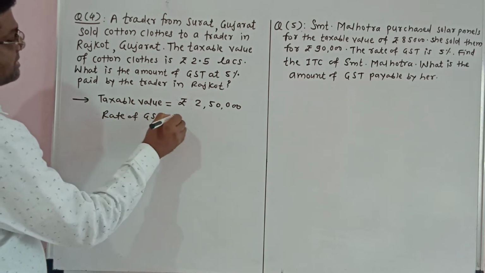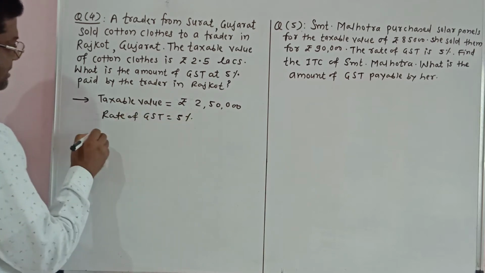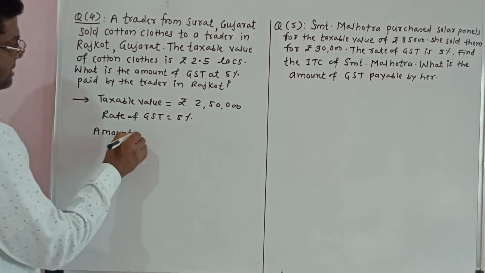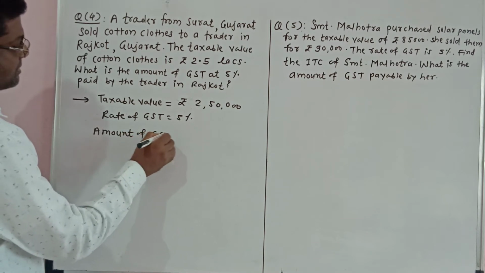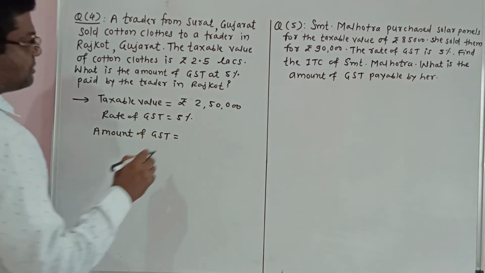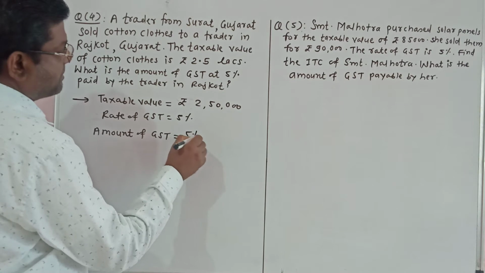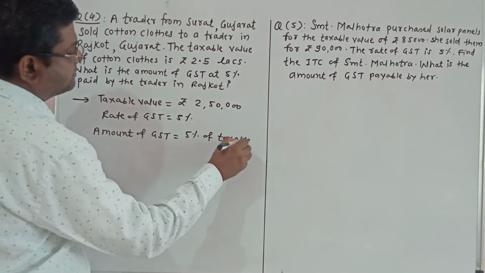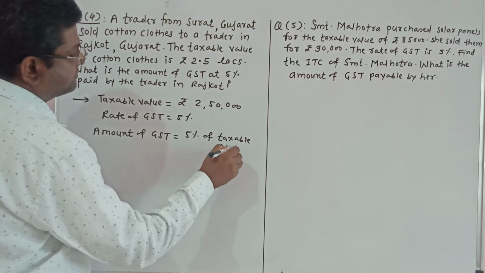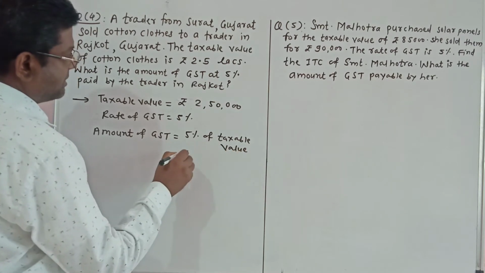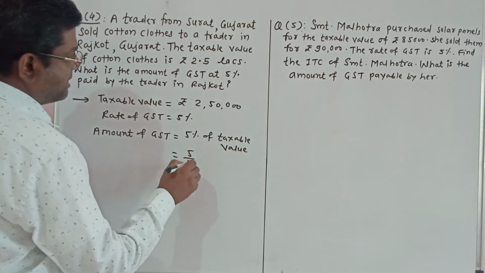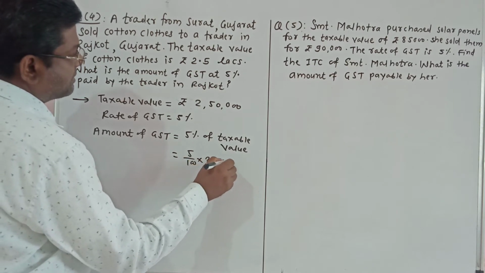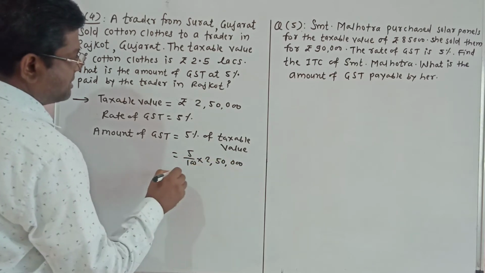Rate of GST is equal to 5%, and the amount of GST is equal to 5% of taxable value, which is 5 upon 100 into 2,50,000.